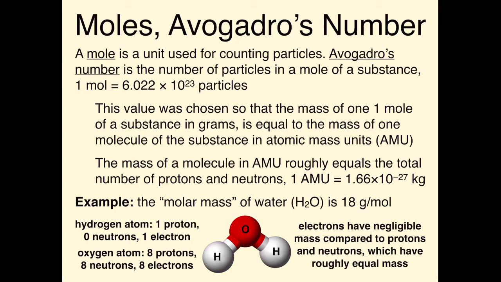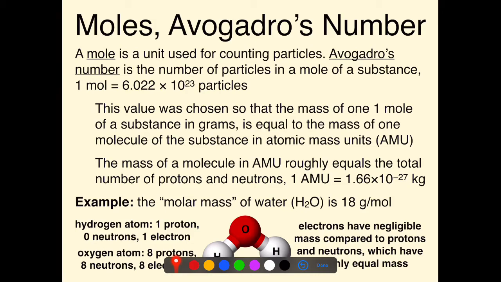So the total number of atomic mass units for the entire molecule is 16 plus 2, or 18. Okay? So my claim is, if the water molecule has 18 atomic mass units, then the molar mass, that's what we call this, of water, is 18 grams per mole.